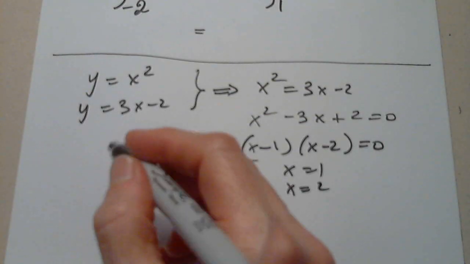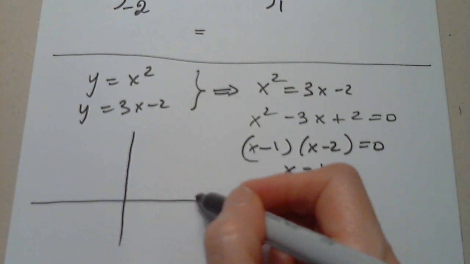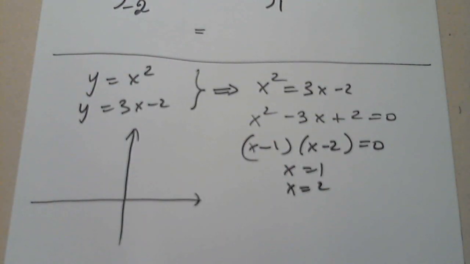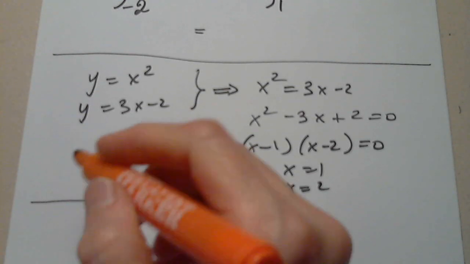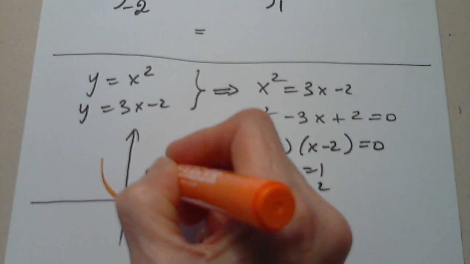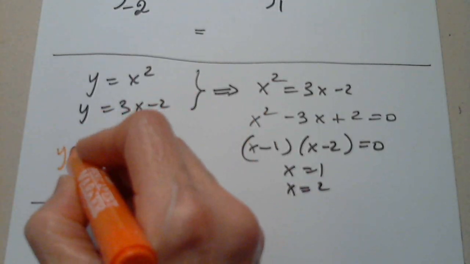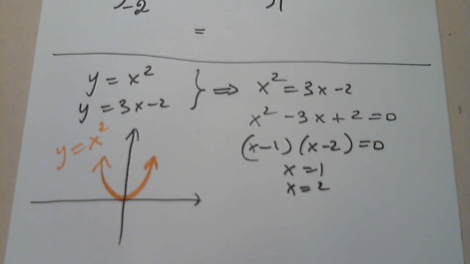Now I will graph. I know how to graph x squared. That's one of the easiest functions ever. It's this. So this is y equals x squared. The other one is a line.